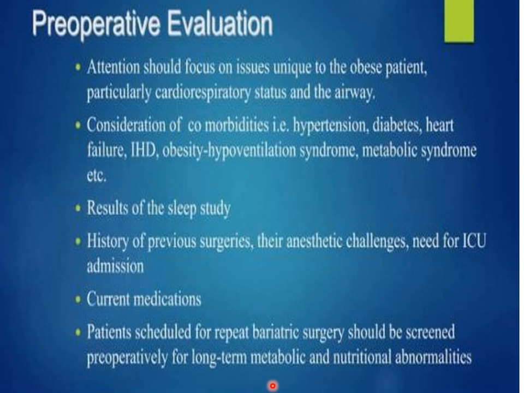Or they may have a comorbidity. What's the meaning of comorbidity? It means hypertension, diabetes, and also heart disease, with ischemic heart disease and obesity hypoventilation syndrome. That will make a big problem for the patient even during or after the surgery. So we have to focus on this issue.